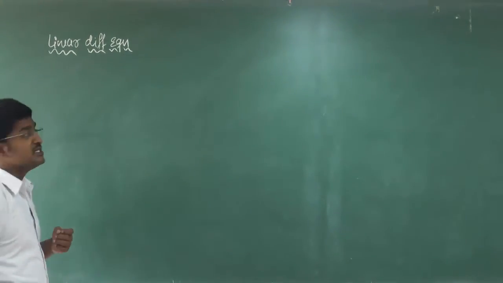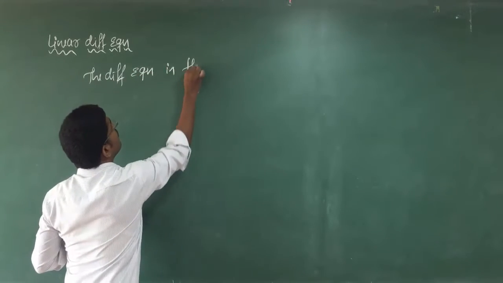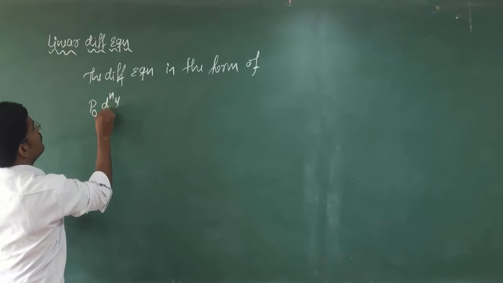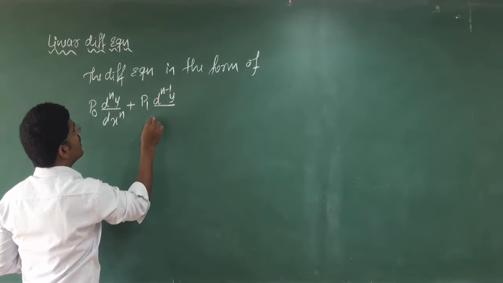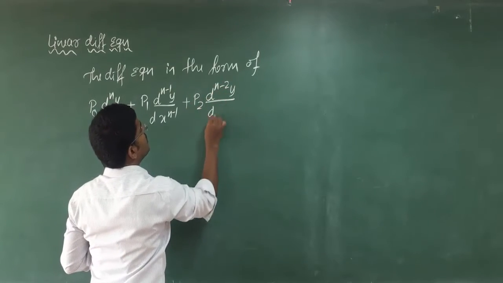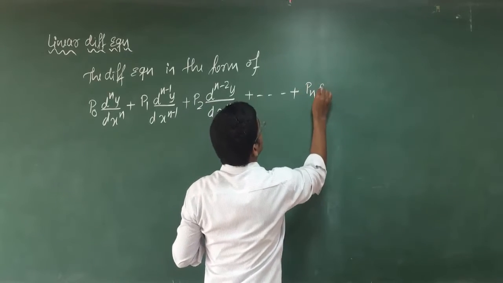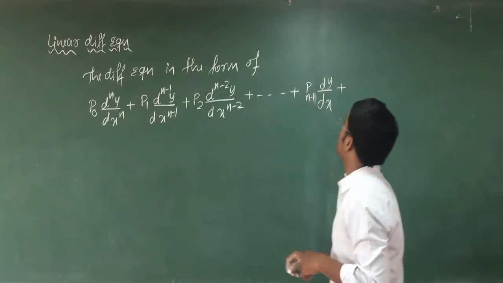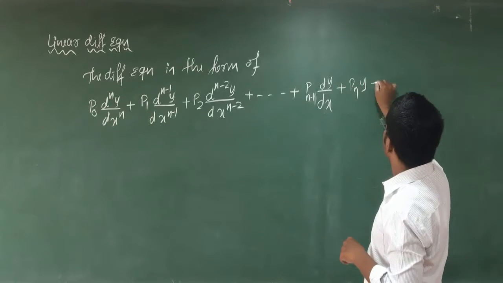A linear differential equation means a differential equation in the form of p0 d^n y by dx^n plus p1 d^(n-1) y by dx^(n-1) plus p2 d^(n-2) y by dx^(n-2), and so on, up to p(n-1) dy by dx, plus pn multiplied with y, equal to q.